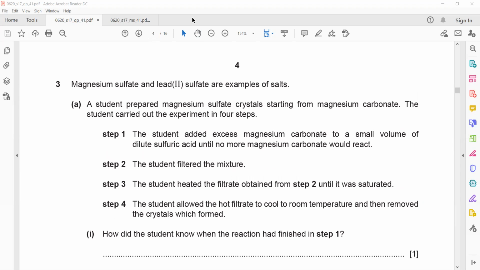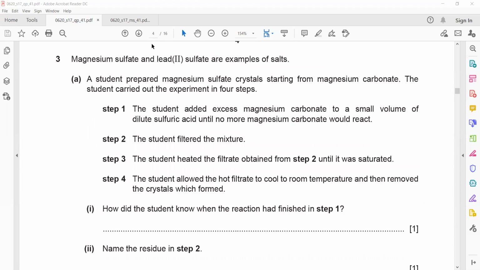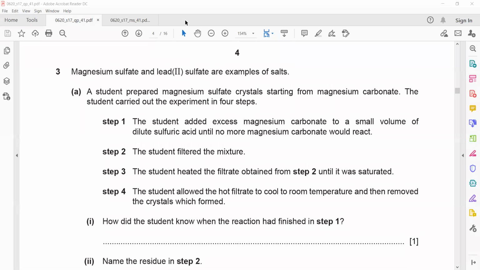Magnesium sulfate and lead sulfate are examples of salts. A student prepares magnesium sulfate starting with magnesium carbonate, and carries out the experiment in 4 steps.